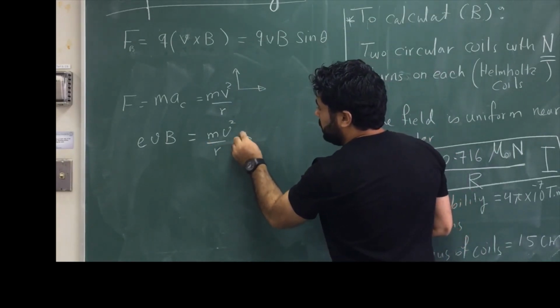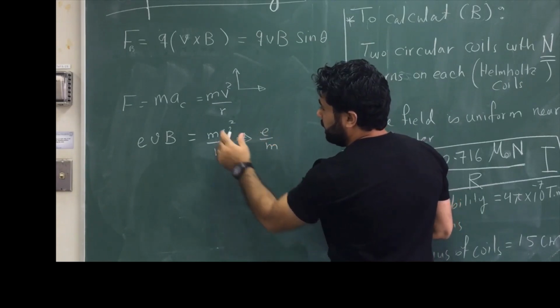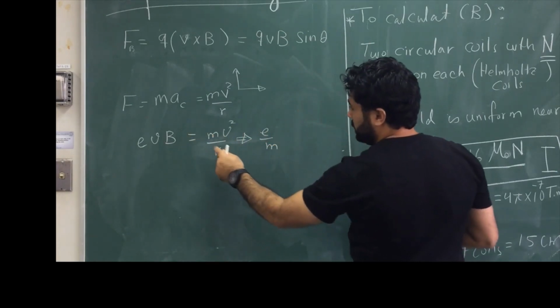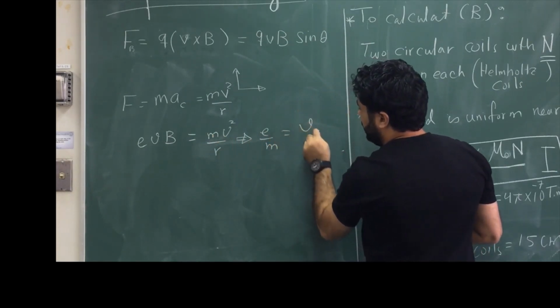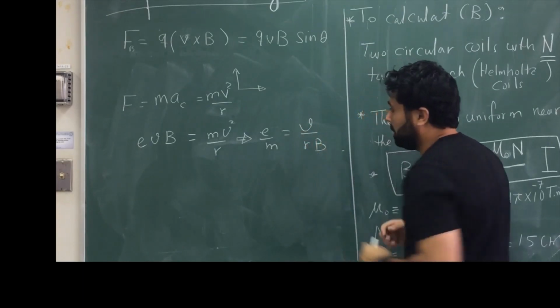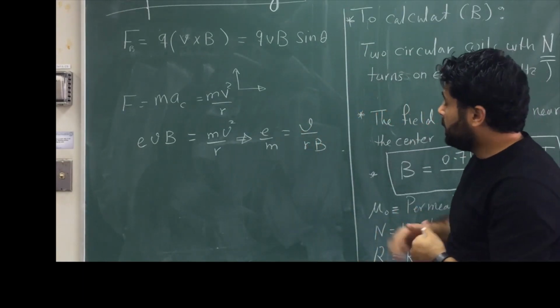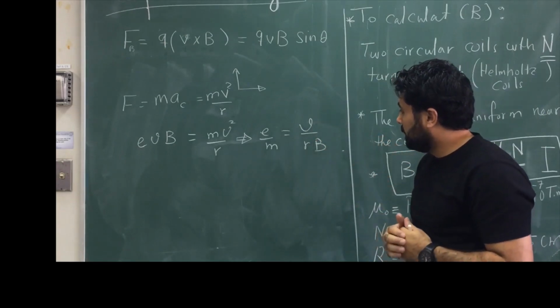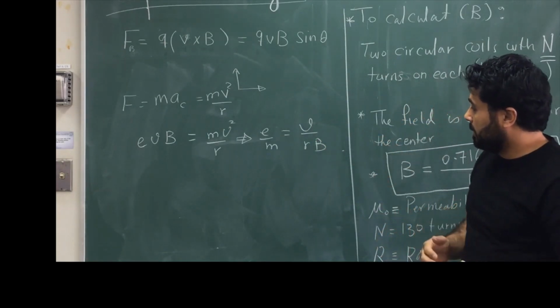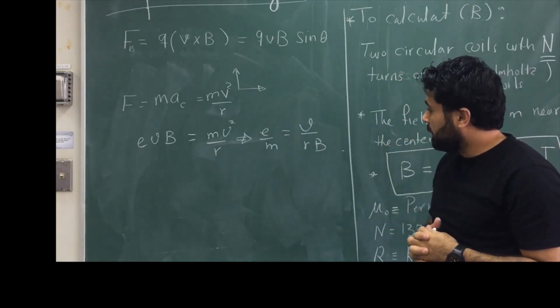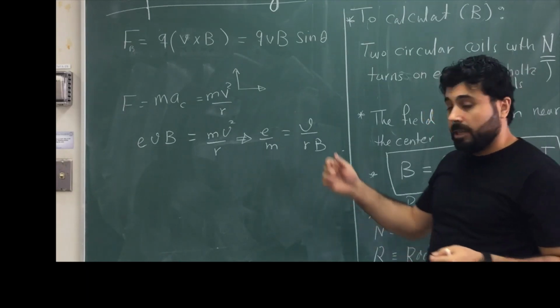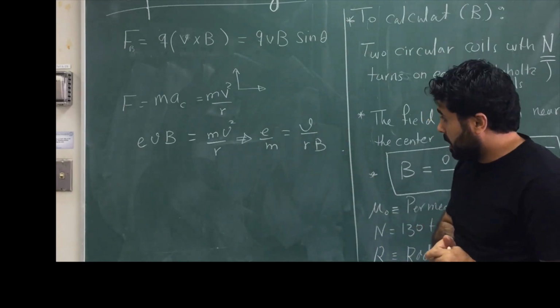By arranging this equation, we will get e over m is equal to v over r B. This v actually is not easy to calculate, but we can use the conservation of energy to eliminate this v.